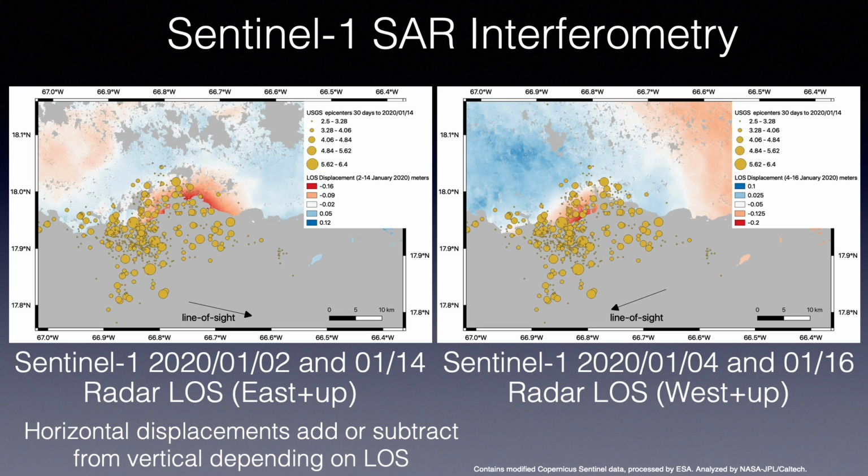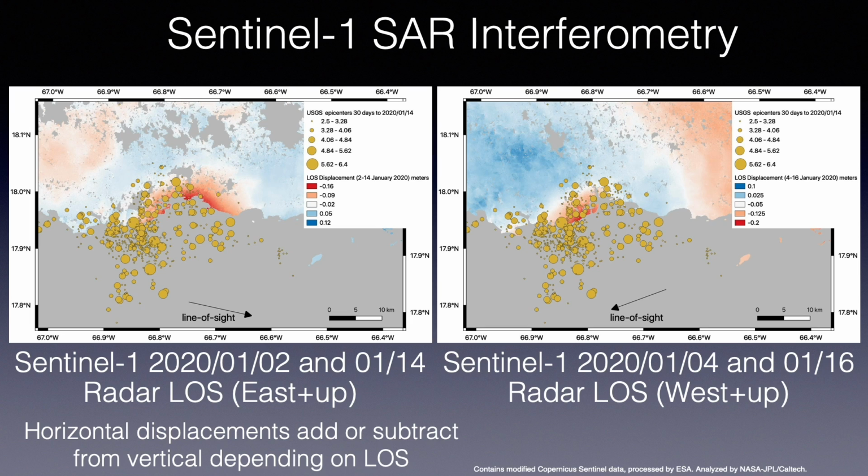Here are two second images that were acquired over the tracks that cover the southwestern part of Puerto Rico. These two tracks have opposite look directions. On the left, the line of sight direction is up and to the east, and the one on the right has the line of sight up and to the west.